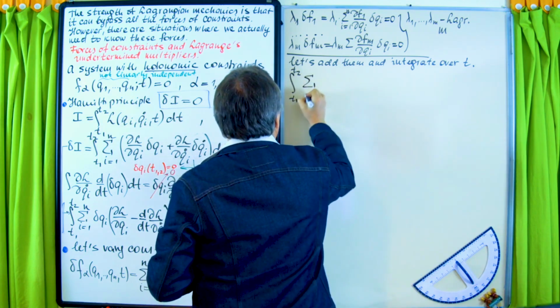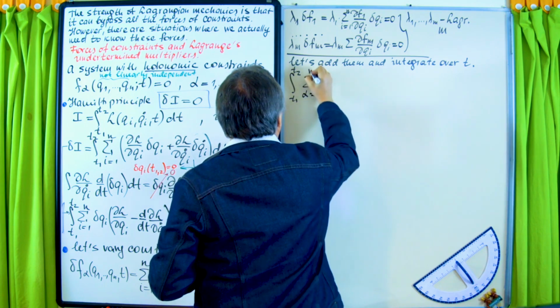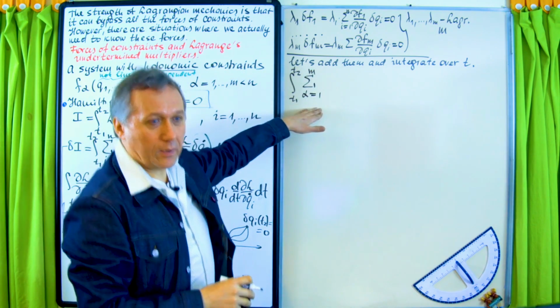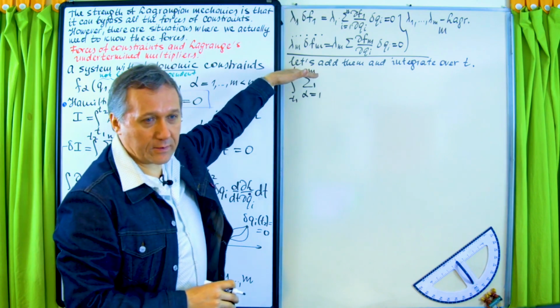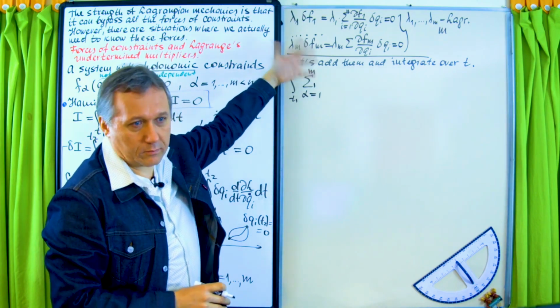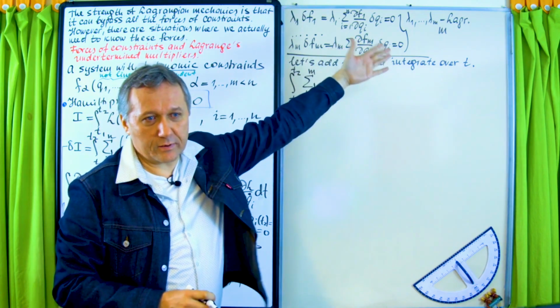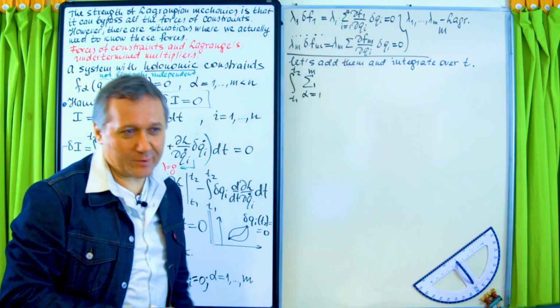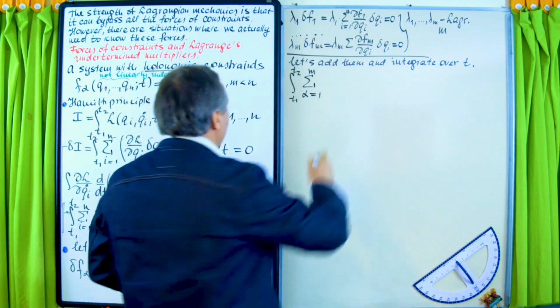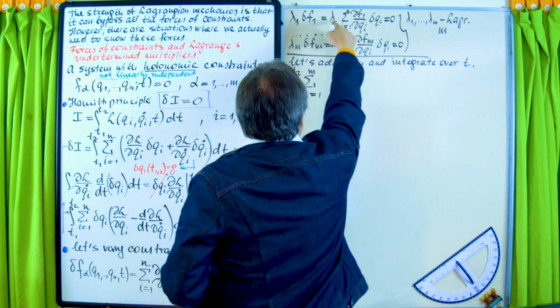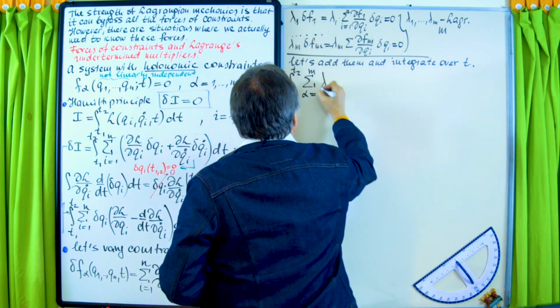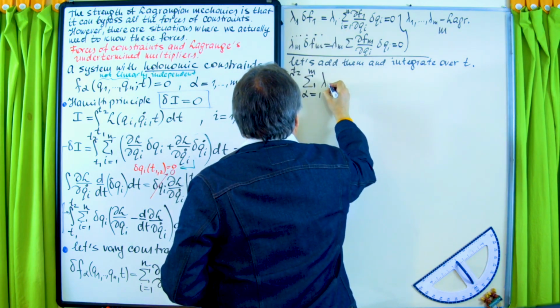So summation first over alpha from 1 to m. That's basically describing the fact that I added all these equations. Again, why not? I'm adding 0, and the right-hand side is 0. Right? So that's now lambda alpha.